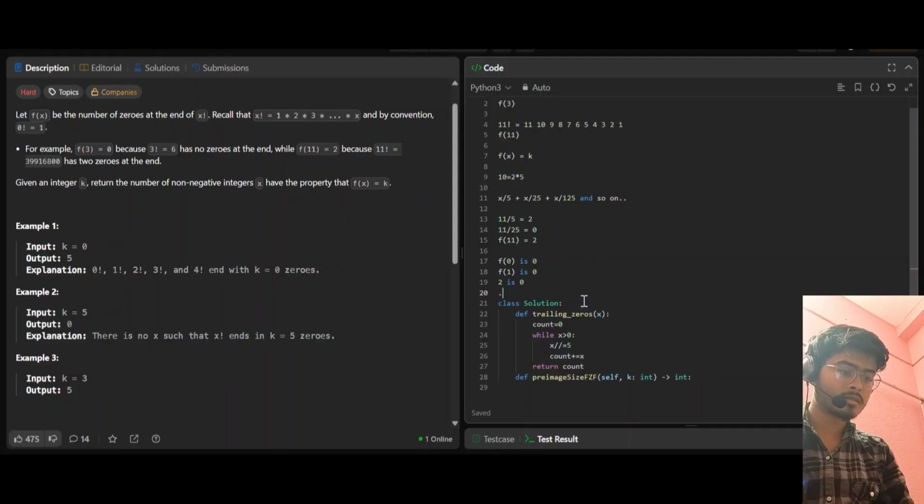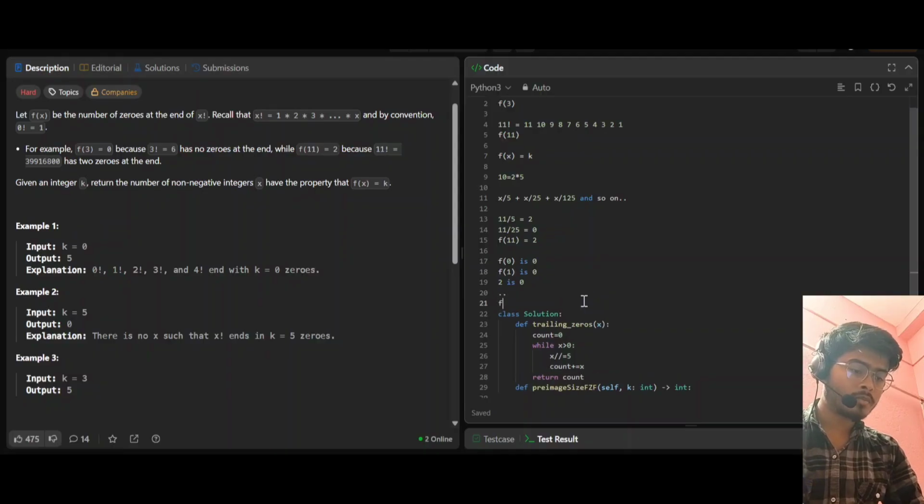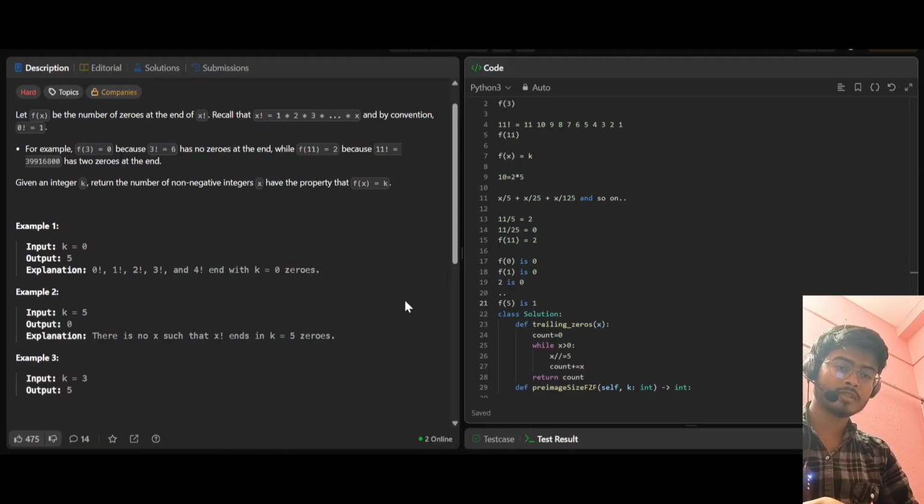Then comes f(5). It will become 1 because 5 factorial has one trailing zero. The value normally remains the same for 5 consecutive integers like f(0), 1, 2, 3, 4, and after that f(5) is 1.